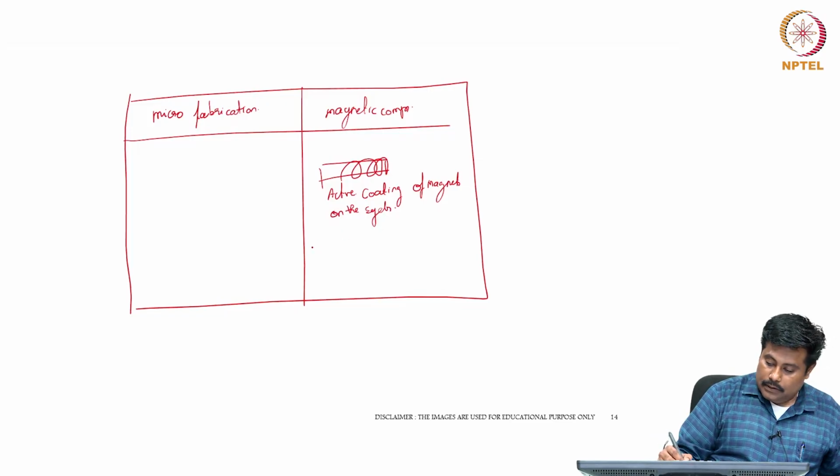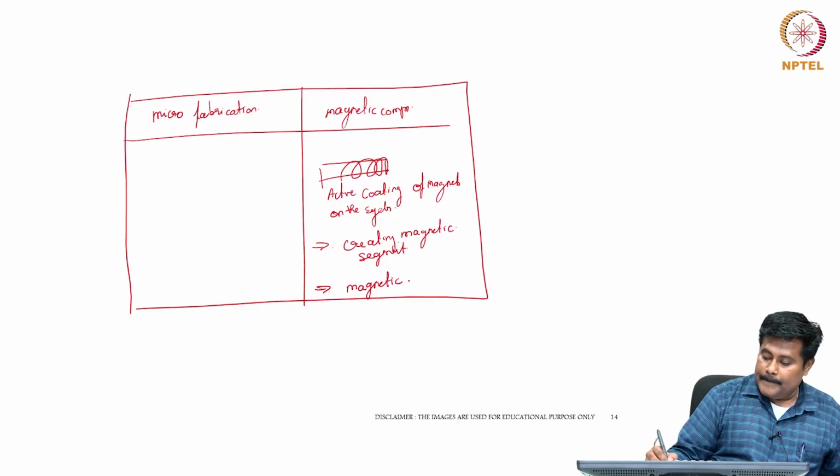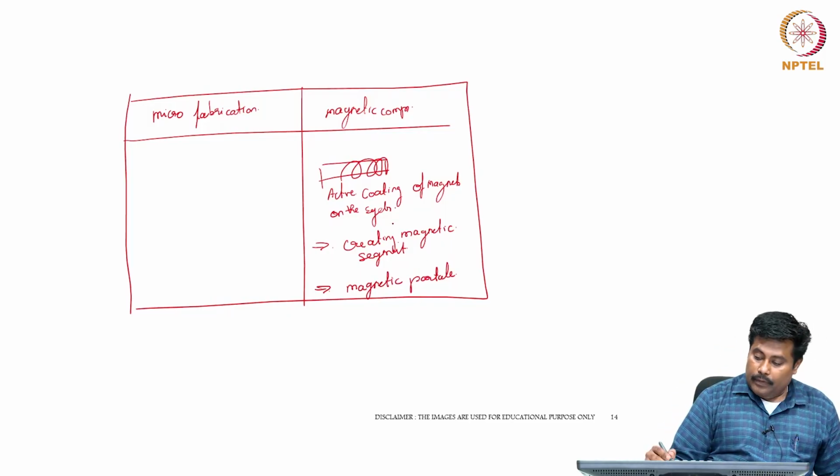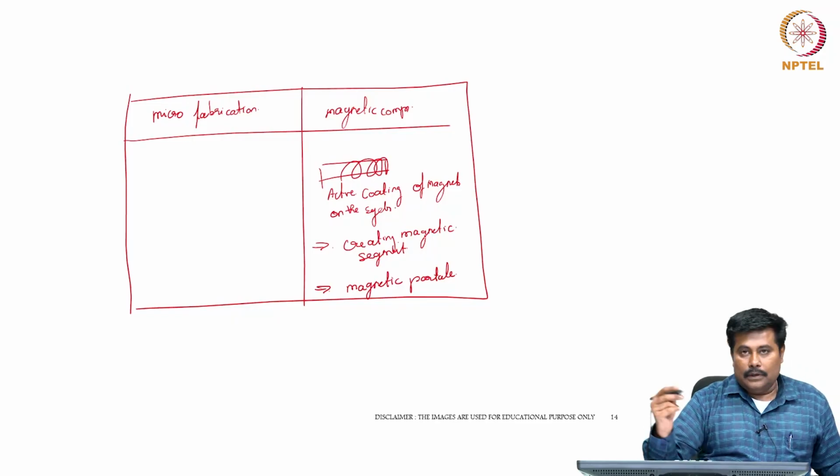Then creating magnetic segments. Third is magnetic particle generations.